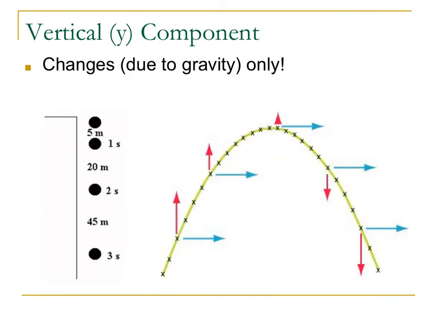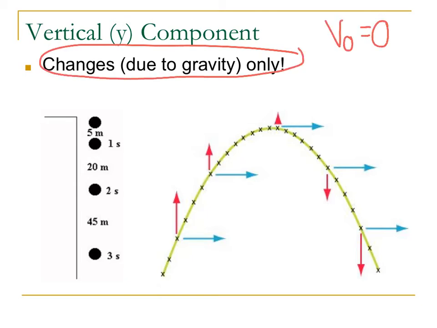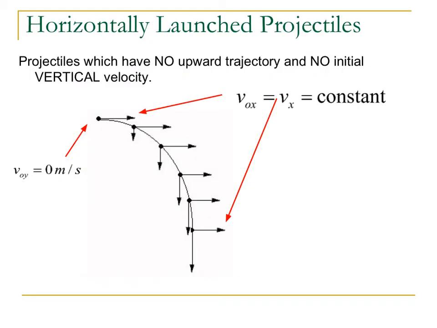In the vertical component, our changes are due to gravity only. Our initial velocity will be 0, and our acceleration will always be negative 9.8, just like the vertical problems we've always been doing. For horizontally launched projectiles, we are going to have some initial velocity and final velocity in the x, but they are always constant.